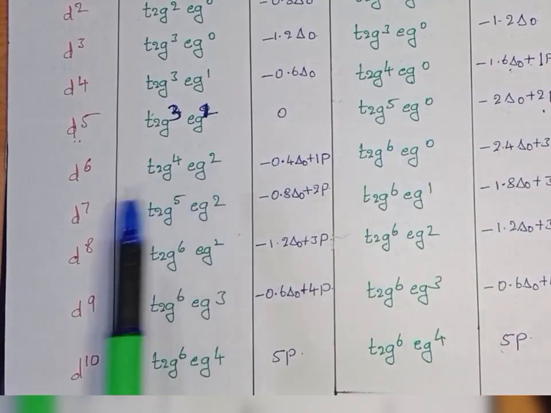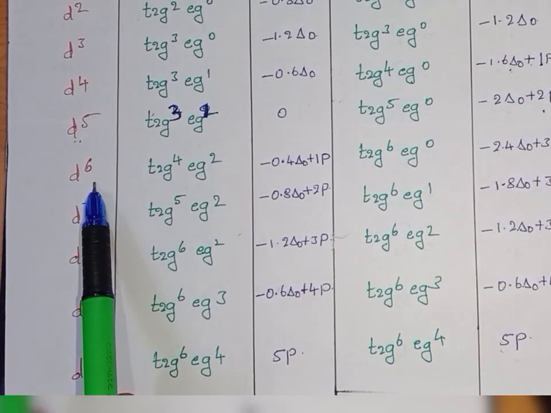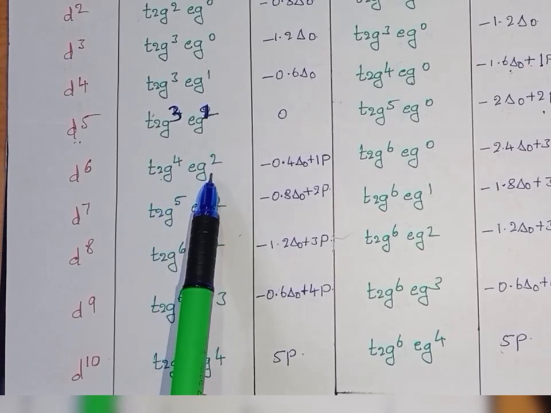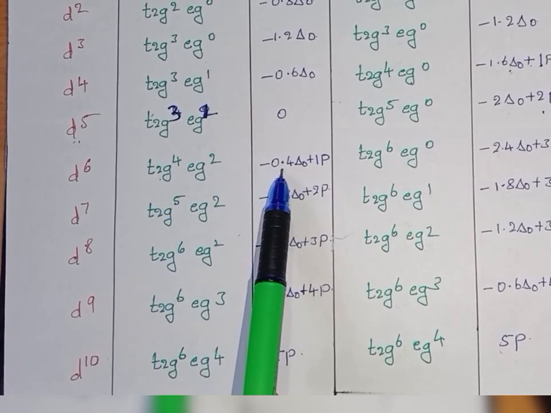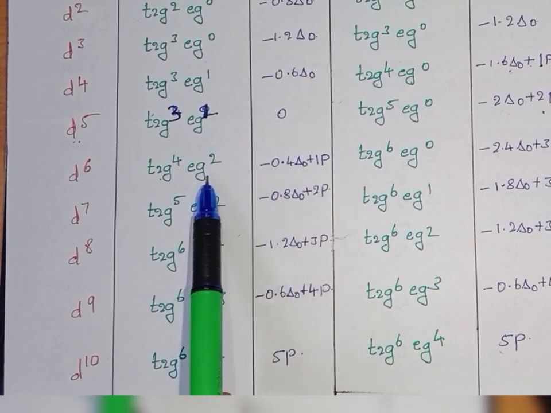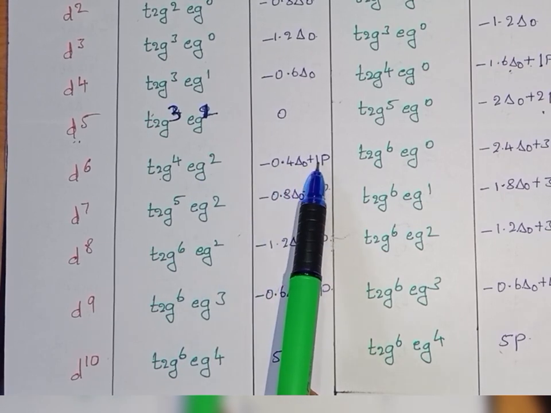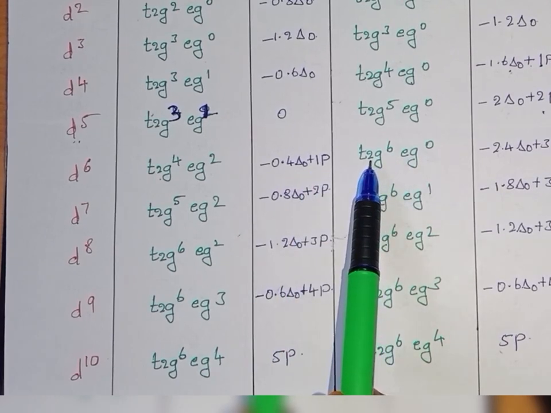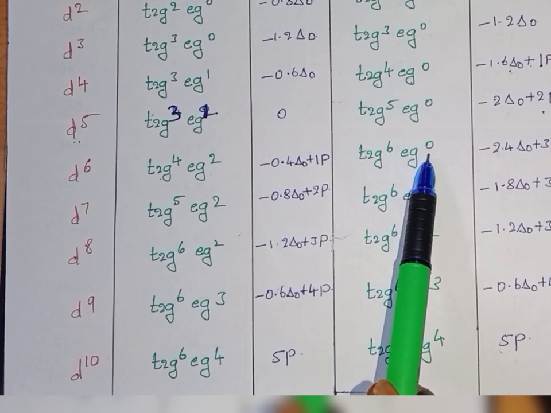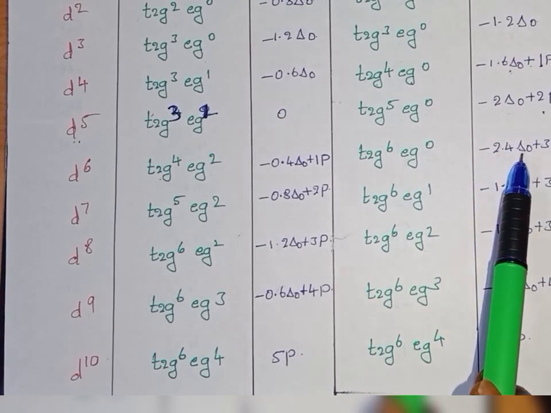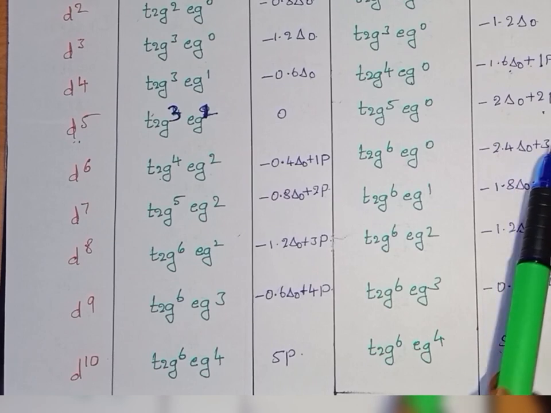For the d6 system, the weak field configuration is t2g4 eg2, and the CFSE is minus 0.4 Δo plus 1 electron pair. For strong field, t2g6 eg0, and the CFSE is minus 2.4 Δo plus 3P.